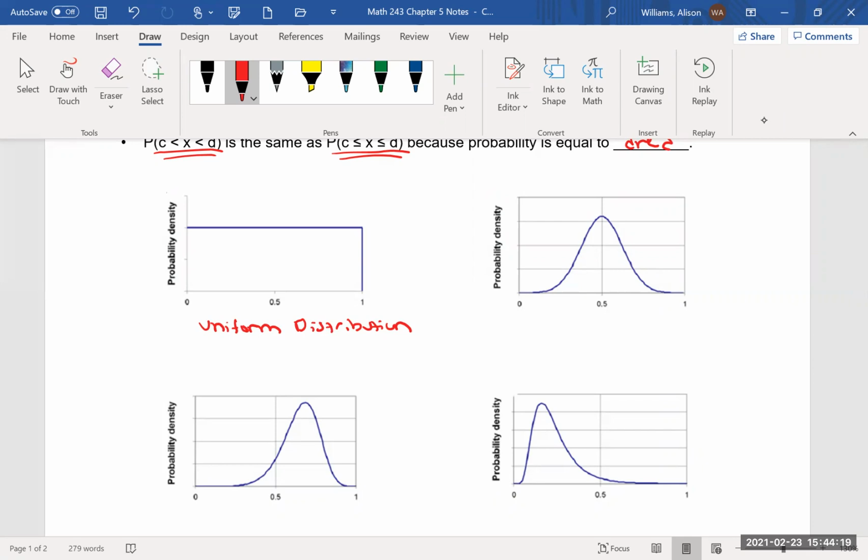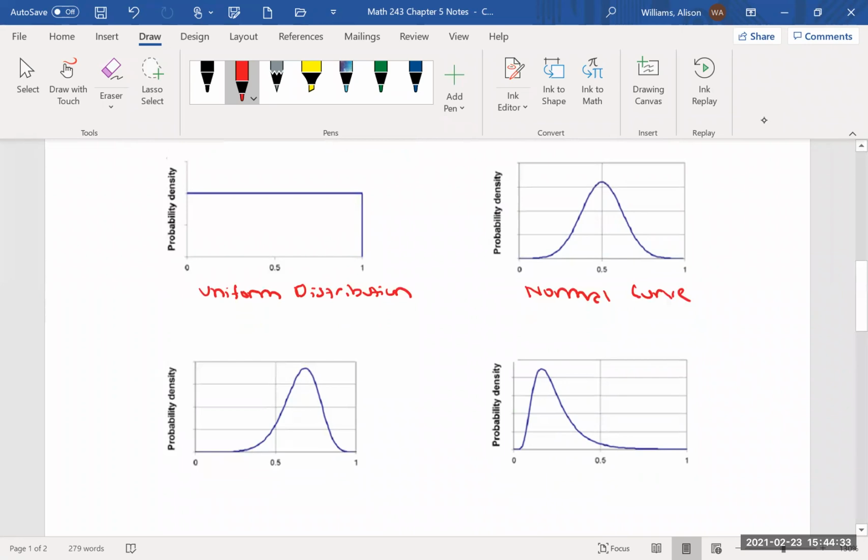We're going to call it the normal curve. And we've seen these two kind of lopsided curves. This one would be a left skewed curve because the data is possibly having outliers on the left. And then over here, this last one would be the right skewed curve because we possibly have outliers on the right.